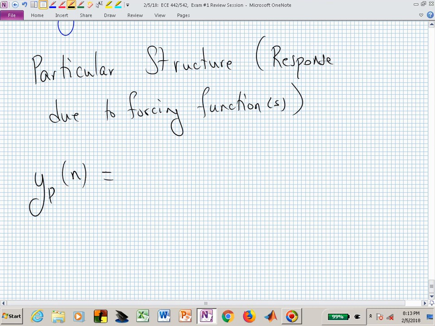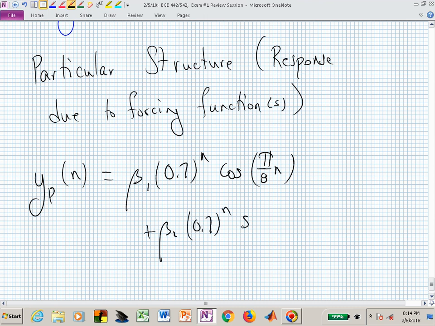And then you could use trig if you wanted to combine those. But it doesn't matter. You can now say, oh, this is beta 1, 0.7 to the n cosine pi over 8n plus a beta 2, 0.7 to the n sine of pi over 8n. And that's true for n greater than or equal to 0.